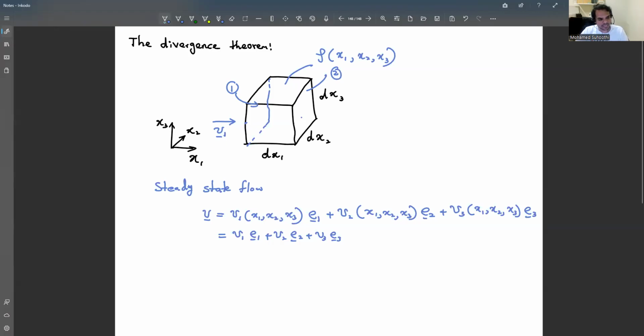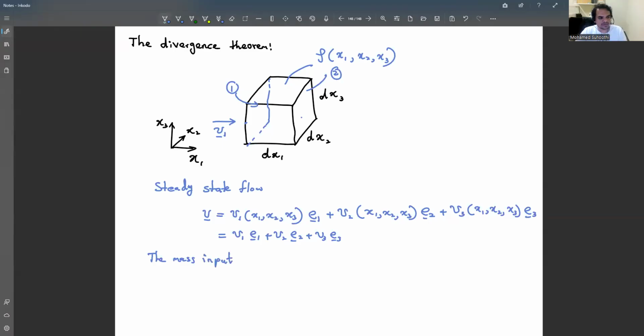Now I am going to find the mass. I will write it this way: the mass input.